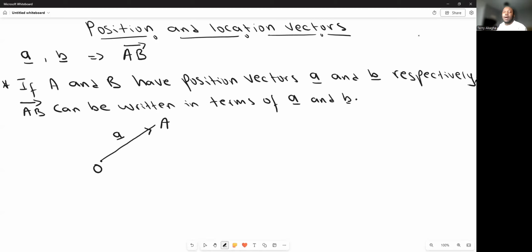And we have another position vector B. We're told the position vector is B. All right. Now, the question here is that they want us to find the vector AB.